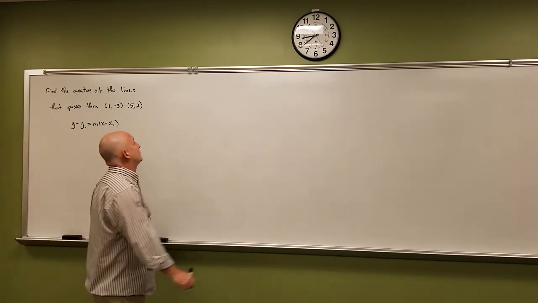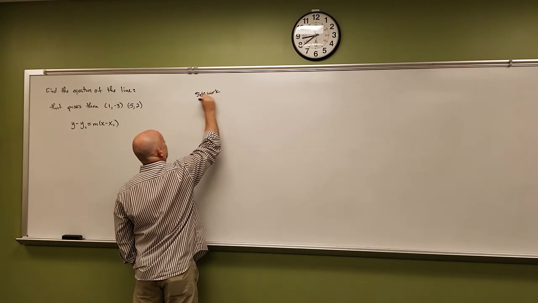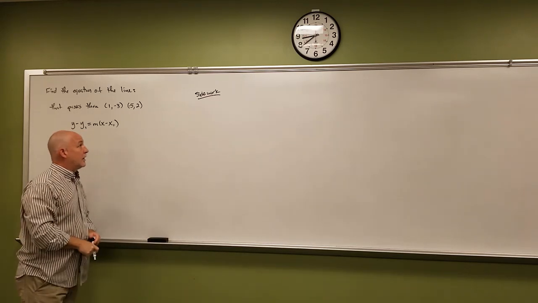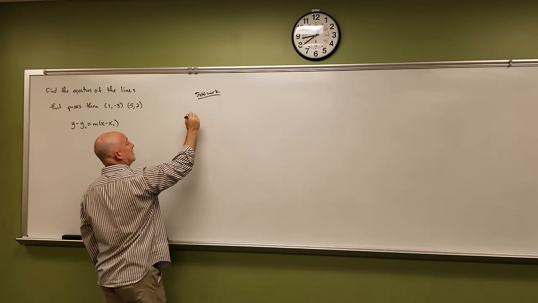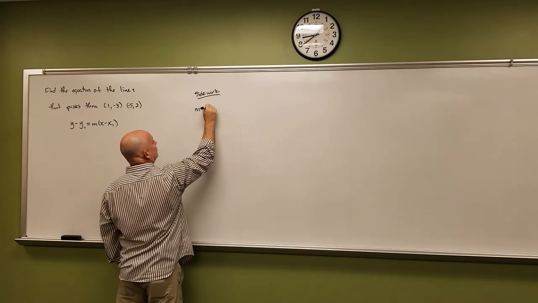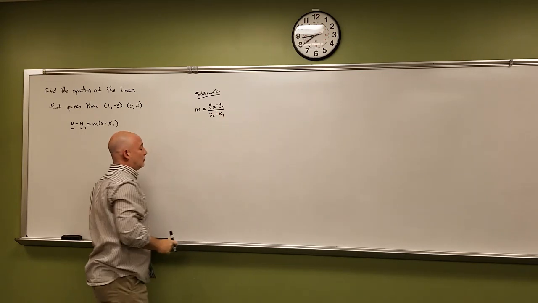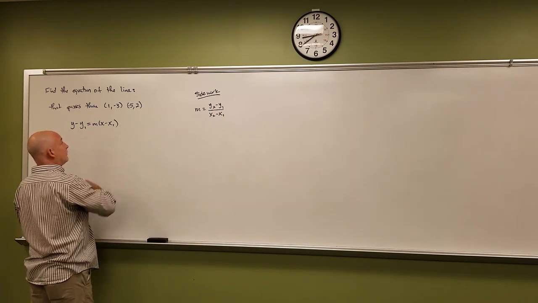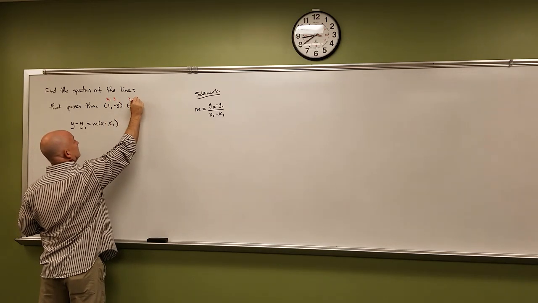So without having the slope, we know that we're going to have to do some side work here. Well, we do have 2 points, and we know that to find the slope given 2 points, we have a formula for that: y2 minus y1 all over x2 minus x1. Remember how we did this the first time? We want to label these to make it easier. x2, y2.